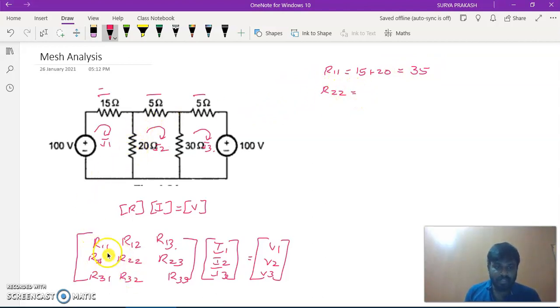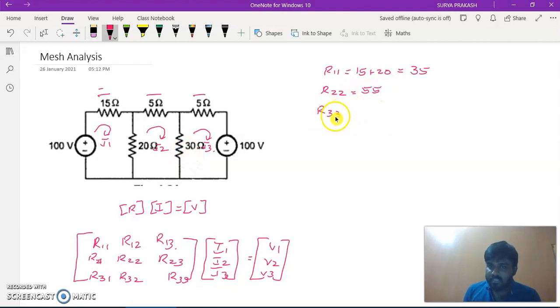We are going to take the diagonal elements first, and then go with R12 and R21. R22 is the sum of the resistances available in the second loop, for example 20 plus 5 plus 30, which gives us 55.